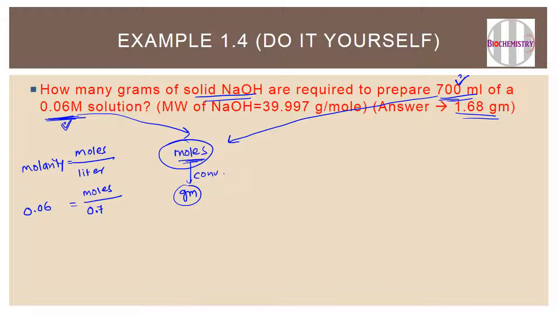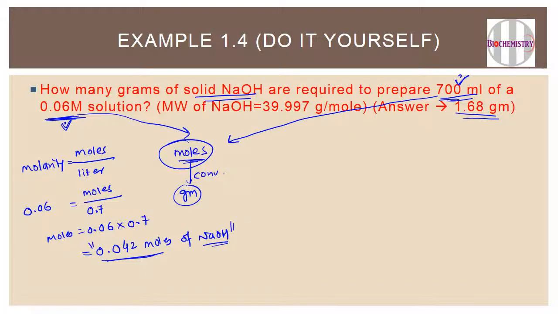If we rearrange this, the moles will be 0.06 into 0.7, and this will make 0.042 moles. So 0.042 moles of NaOH is required to prepare this solution.